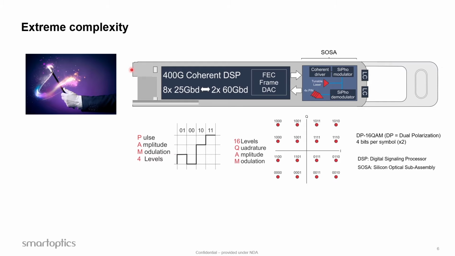So if we look at a high level at the functionality of this, we have an electrical interface on this side that faces the circuit on your circuit board, which uses PAM4 modulation. So basically you have 8 lanes of 25 gigabaud, and since it's PAM4 modulated, you have 8 times 50 gigabit on the client side here, giving you your 400 gig.